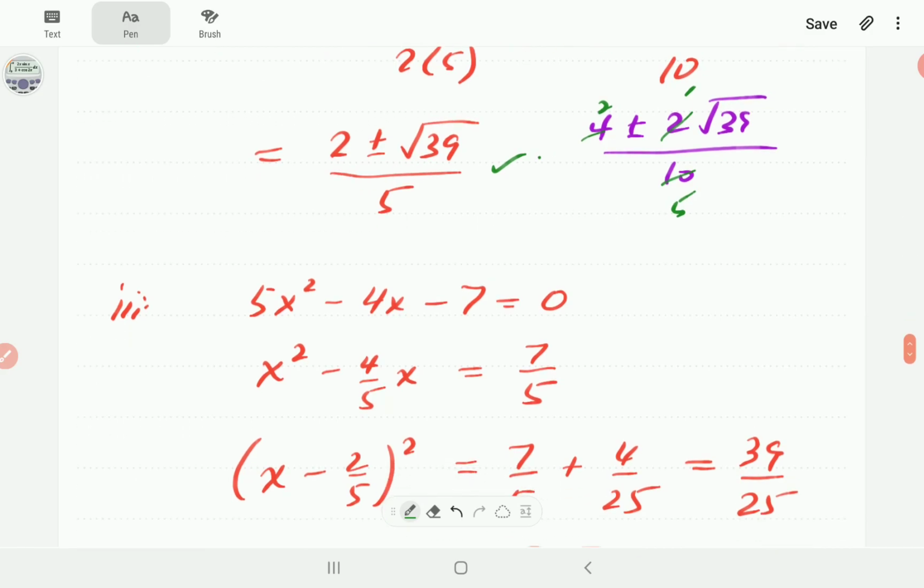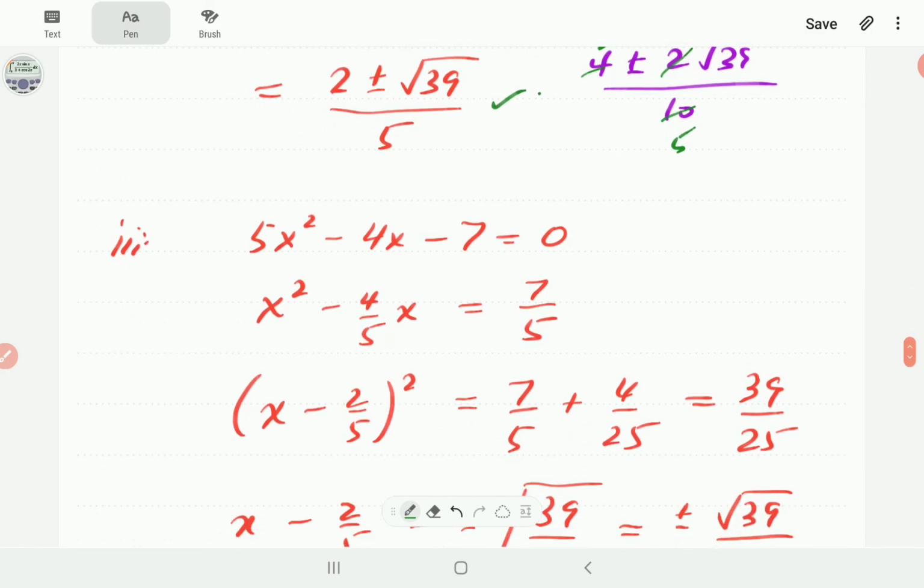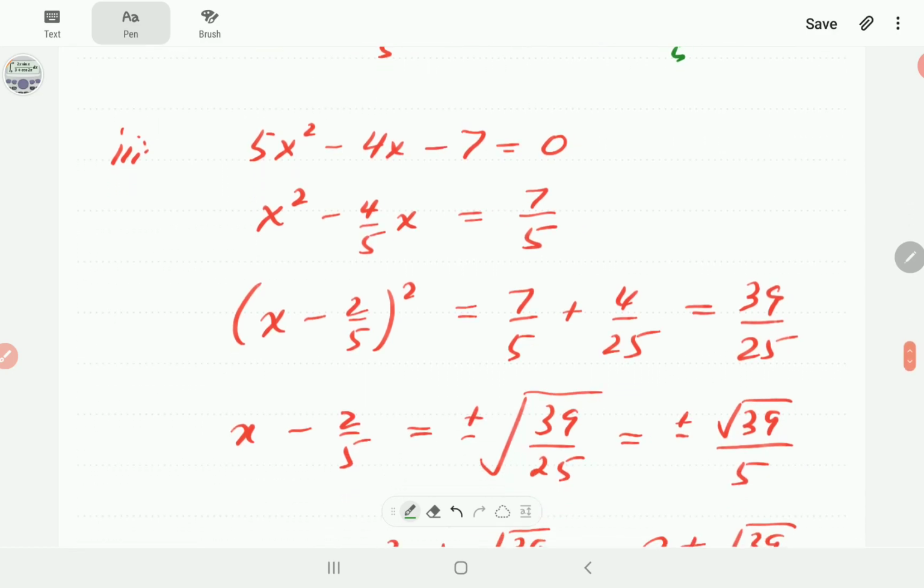And then for the completing the square approach, we're going to first divide by the coefficient of x squared because it's not 1. So divide everything by 5 and take the constant to the right hand side. And then we write this as a squared term, where this is the half of this term.